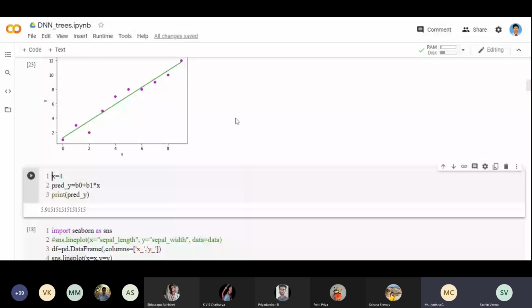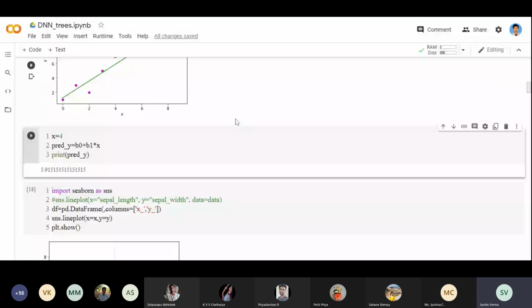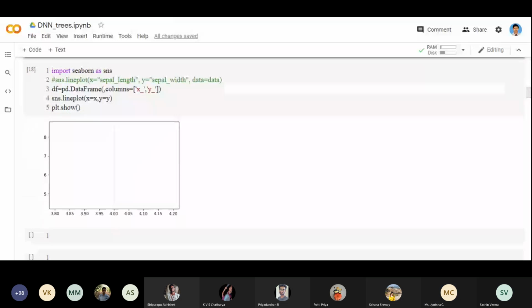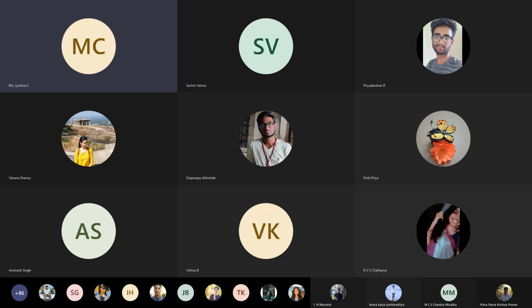We can just use that to cross check our answer. So try to do the coding and implement it. What about others, has everyone finished or not?